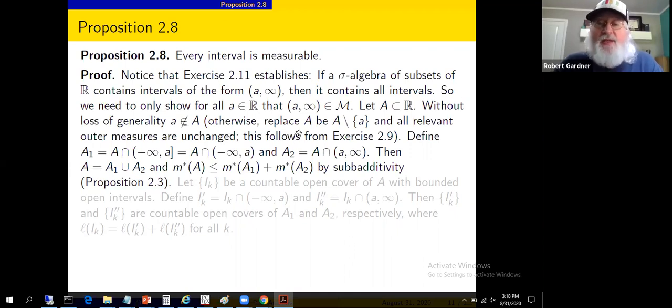If that weren't the case, we'd replace A by A minus this point, and nothing changes. All the outer measures are unchanged. This is established in detail in exercise 2.9. So let's accept this without loss of generality claim. If you don't like it, work exercise 2.9. It's plausible, a homework exercise anyhow.